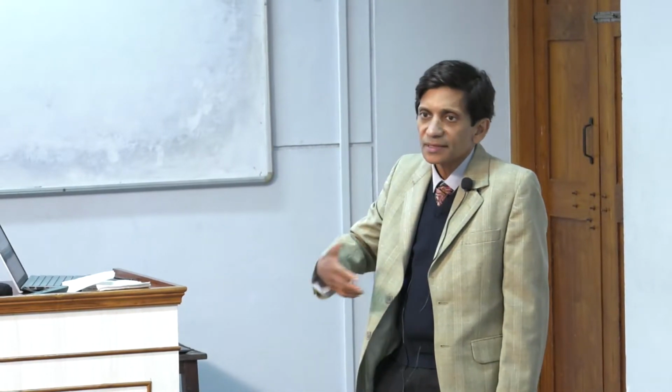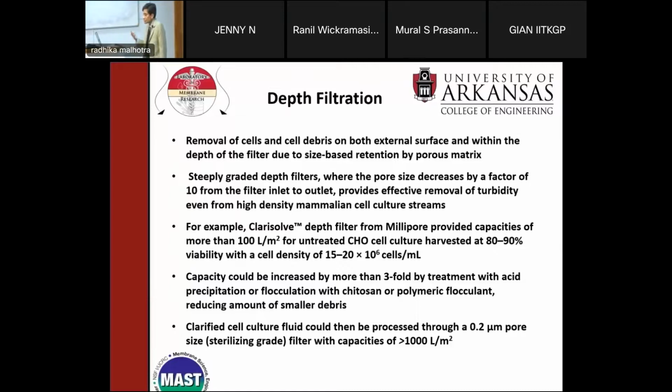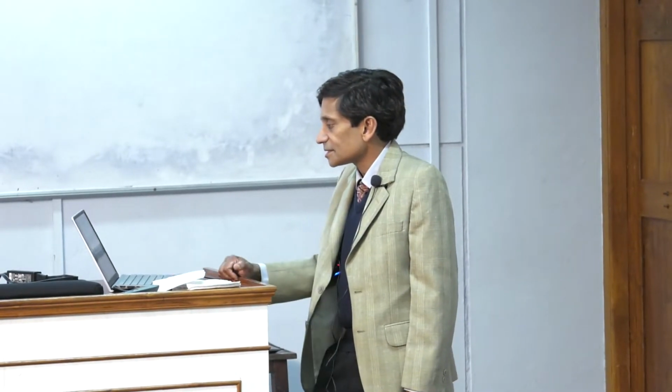And that is put as a safety mechanism mainly to make sure there's no possibility of infection. Sterilizing grade filters, as we'll learn later, the problem there is that they also have a capacity limit, okay? And you don't want to pass their capacity limit, because then, of course, your whole operation plugs. And so 1,000 liter per meter squared is actually a very good capacity for sterilizing grade filters.